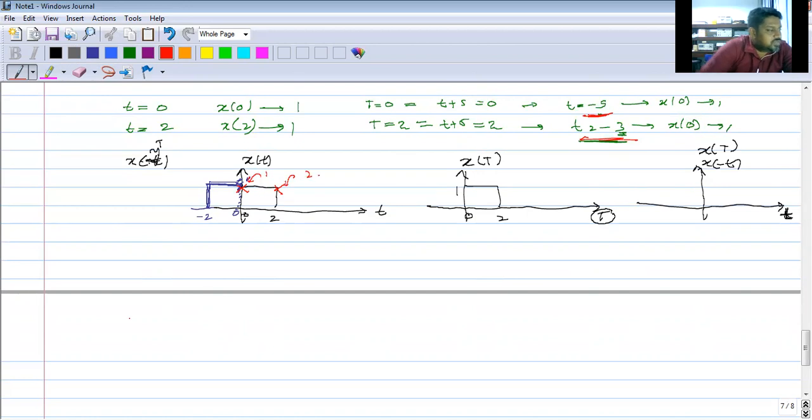At the first point, that means t is equal to 0. At t equal to 0, x(0) is also 1. So now you want to find capital T equal to 0. If you plot it with respect to capital T, you will get again 1, no change, like this.